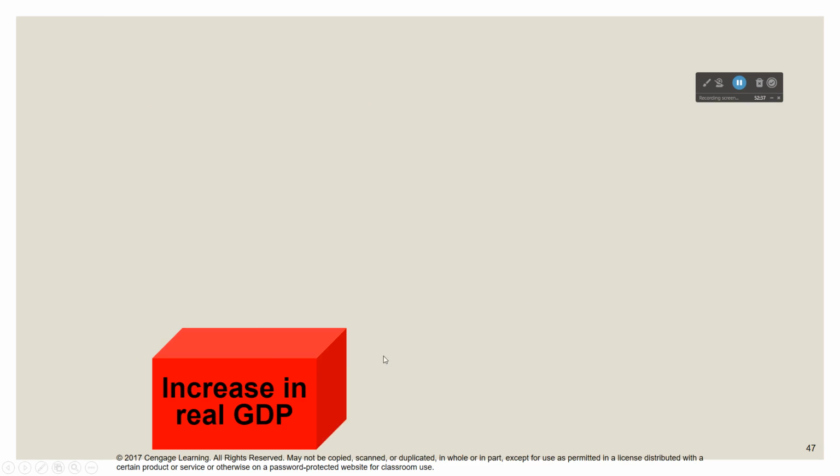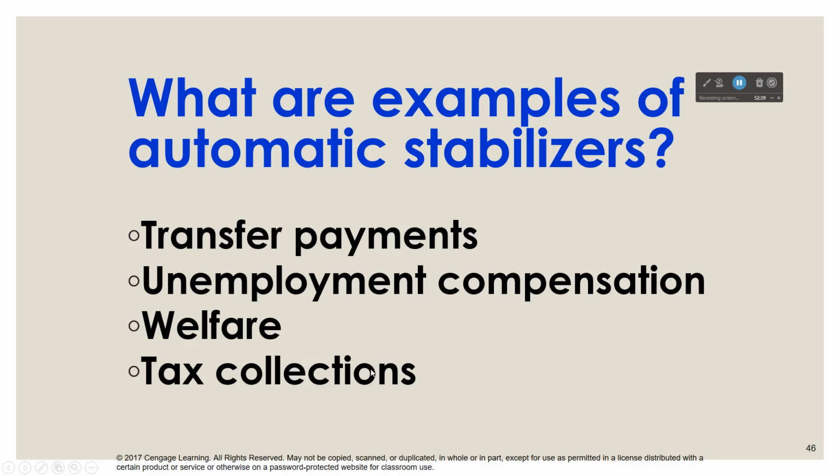And tax collections. In the sense of tax collections here, it is with the progressive tax system. As you make more money, you pay a higher marginal rate. Well, if the economy gets bad, people are going to fall down in income and they're going to go into lower brackets, and thus they'll pay a lower percentage of their income in taxes, so that would reduce their tax burden.